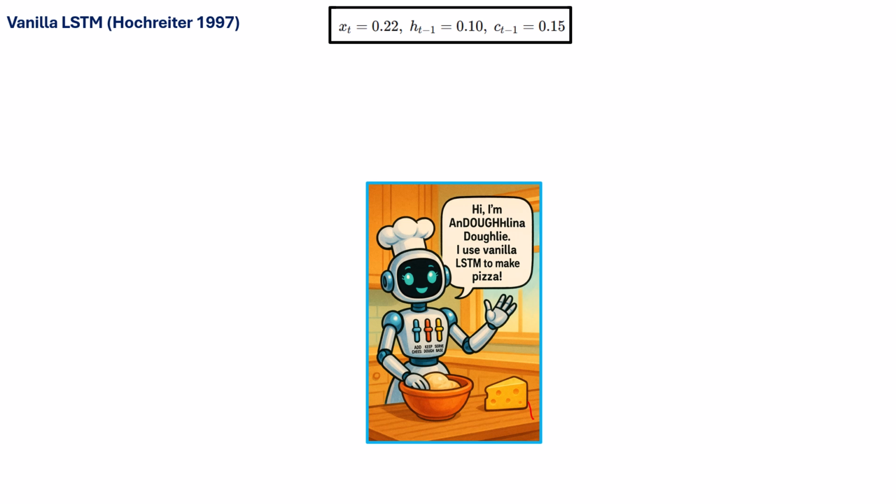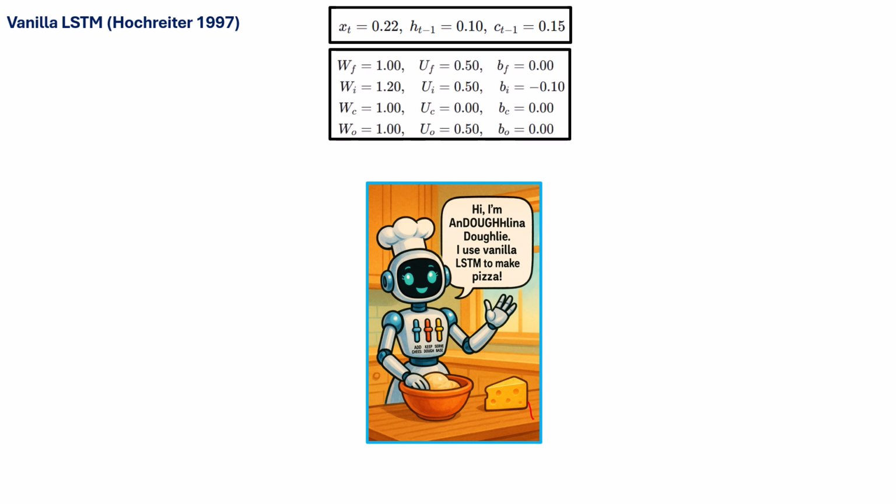Next, in every gate and every formula there is a kind of weight. There are weights for the forget gate, input gate, cell update, and output gate. Here are the weights.